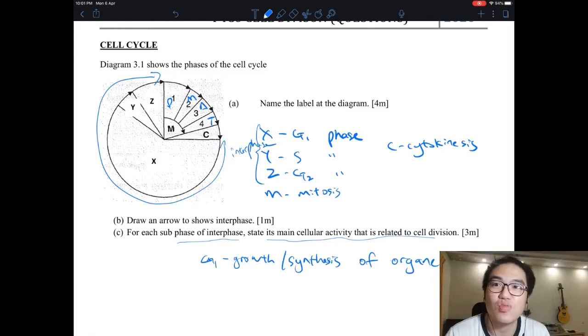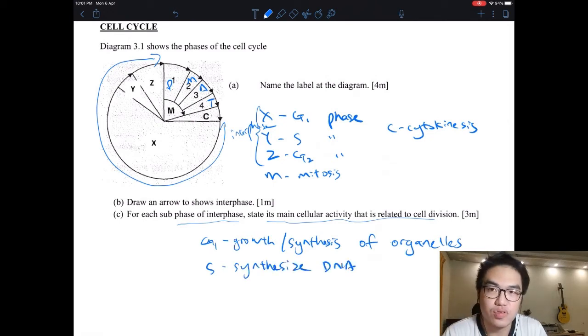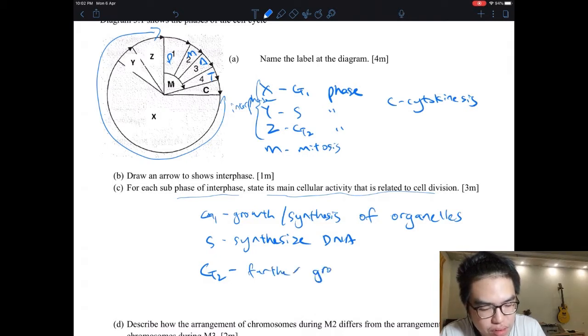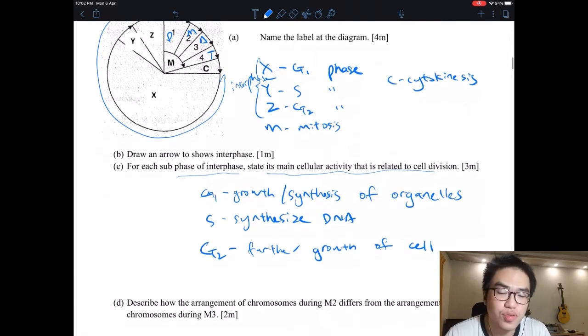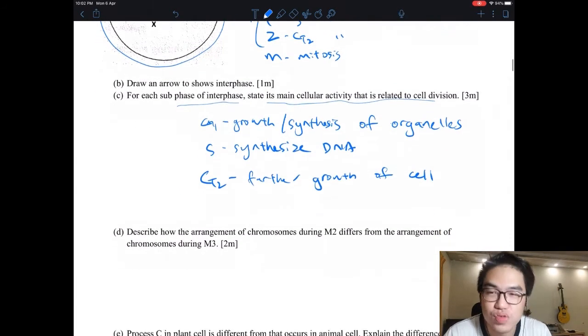I can't split it into half. So S phase is to synthesize DNA. It's to photostat the DNA because I need to split it into half. G2 is further growth of the cell. Very simple. Refer to the notes. This question is not common. I wouldn't advise you to focus on it.